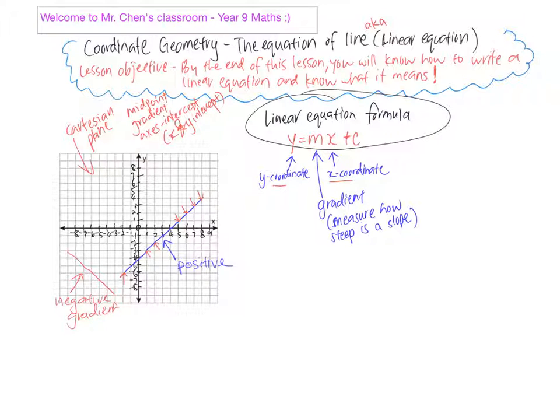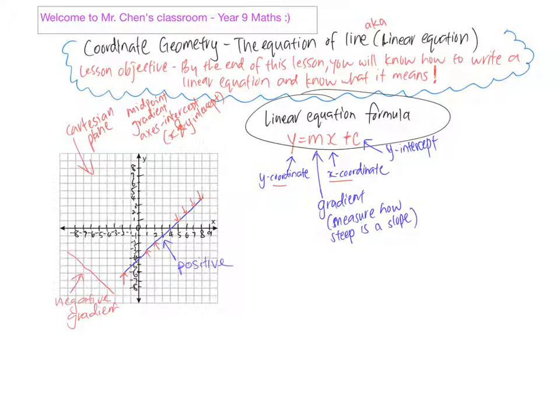Next we have c. c is your y-intercept. Like I said before, the y-intercept is the coordinate where the line passes through the y-axis.